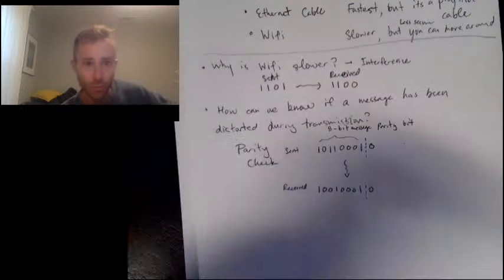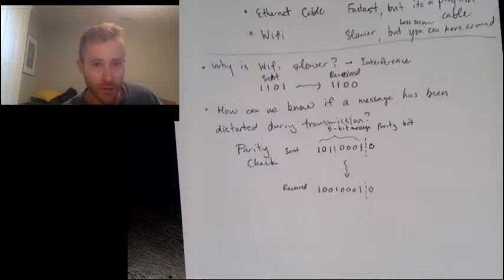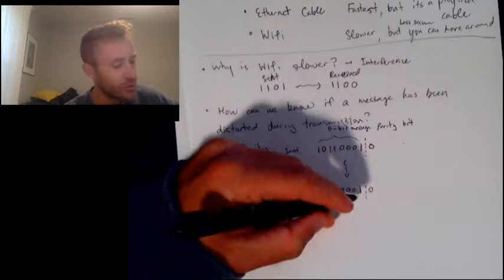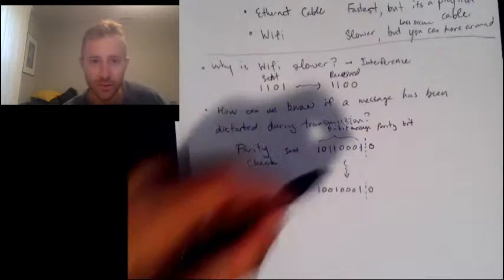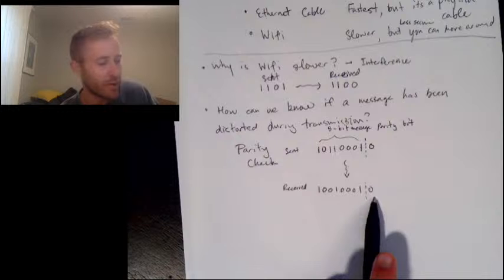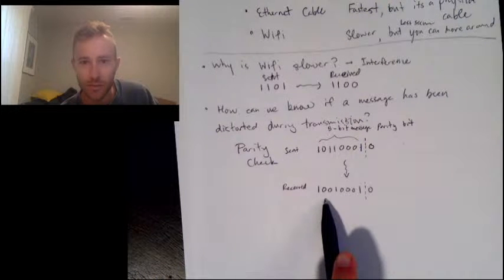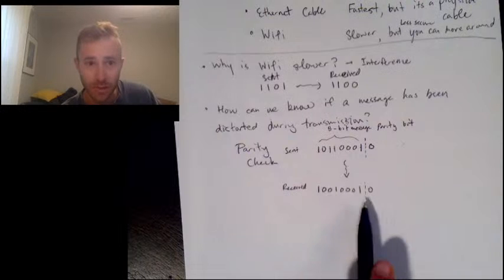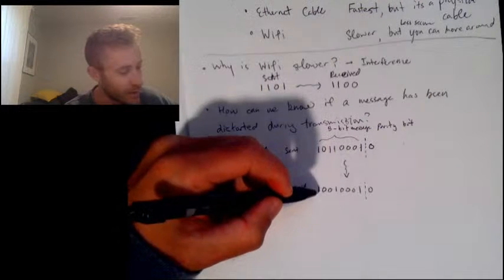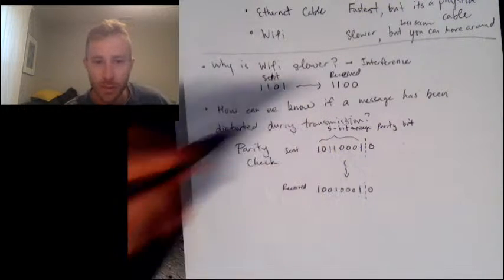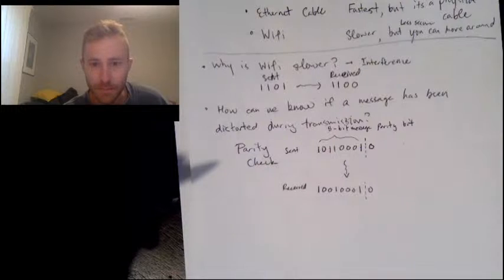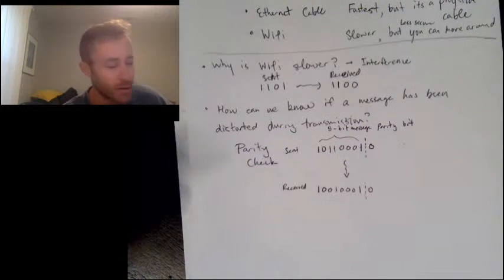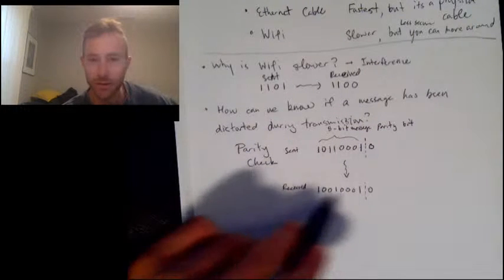Now what the computer that's receiving the message does is it checks for consistency between the parity bit and the rest of the message. Because what parity bit should the received message have? If I look at it, now I only have 3 bits that are 1. That's an odd number of bits that are 1 in the message.